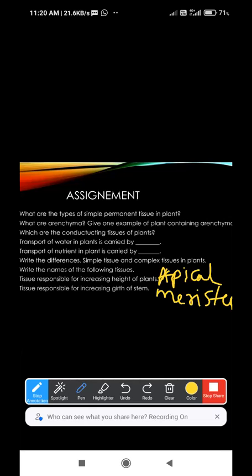Next, tissue responsible for increasing girth or diameter, the girth of the stem, that is the diameter of the stem. The answer for this is intercalary meristem.